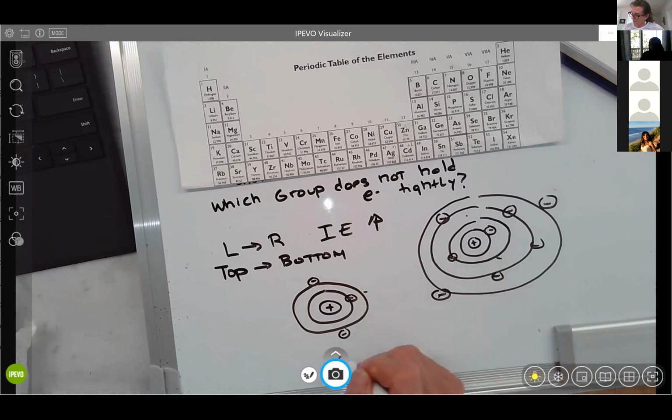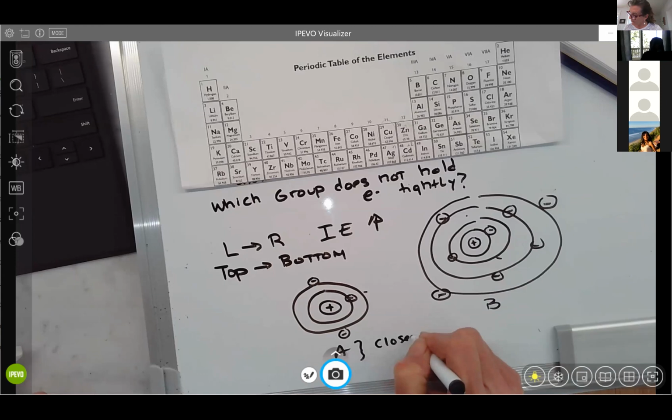Which one is going to hold its outer electron more tightly, A or B? A. Yeah, A. Why? Because they're closer to the nucleus. Yep, and because of that, they're going to hold on to them more.